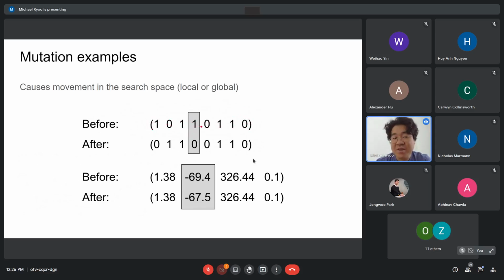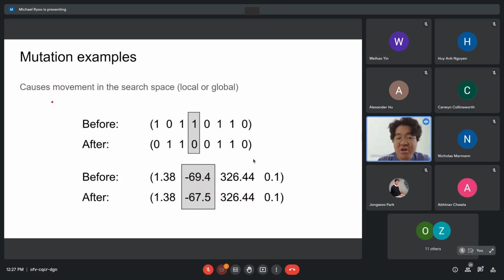You can simply mutate it by changing one of the parameters from 1 to 0. If your neural network was governed by a set of floating point numbers, which usually is, you can try to modify one value slightly like this. And this becomes a new policy. This is a different neural network. This is a new policy, and this can become your children.